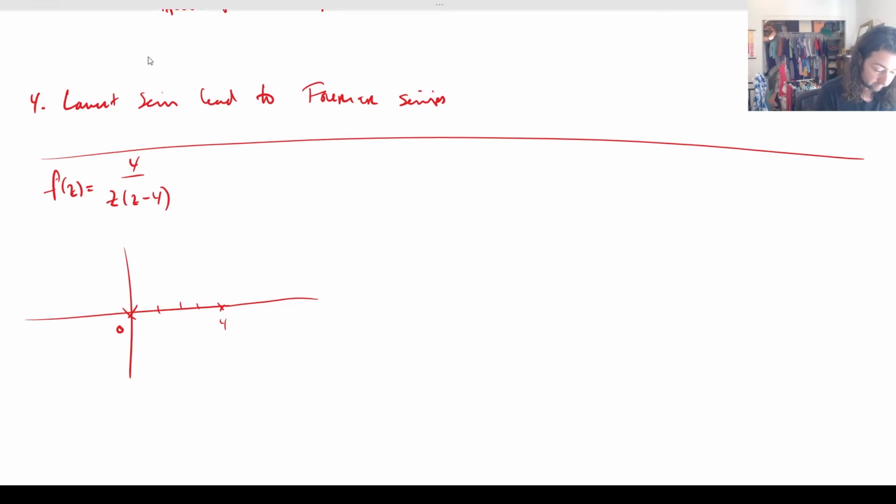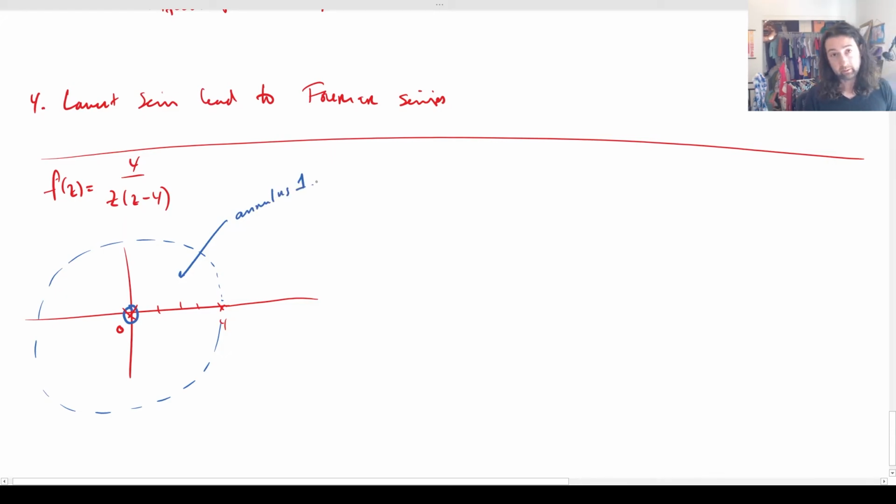And so there's actually two natural annular domains that we can consider the function on. The first is the one where we're going to use the annulus that starts at 0, and then the function will turn out to be analytic on an annulus that runs out to the next singularity. So we can think about this as annulus 1. And in this annulus, the trick is going to be to use partial fraction decomposition and then pull the series together.